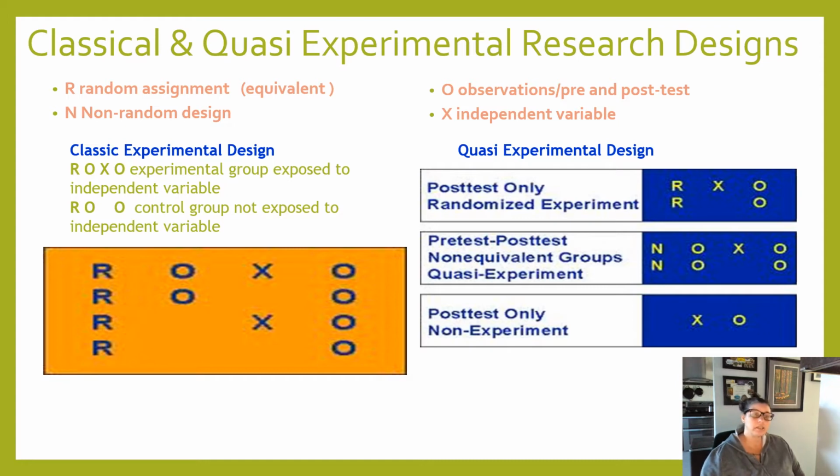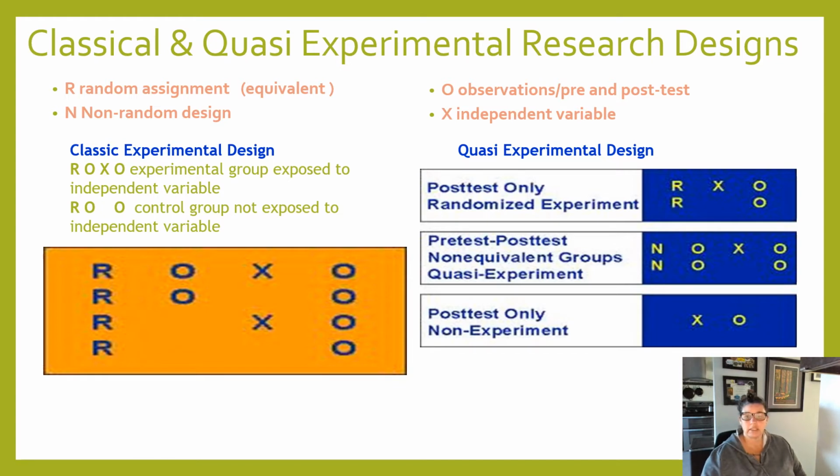You can either randomly assign them to groups or non-randomly assign them to groups. You have your observations, which is also a test of some sort. So an observation can be anything from observing people working to giving them a blood test, drawing blood for a medical test. And then you have your independent variable.